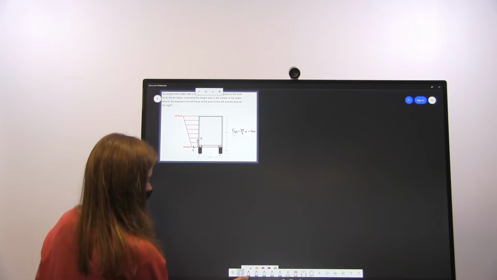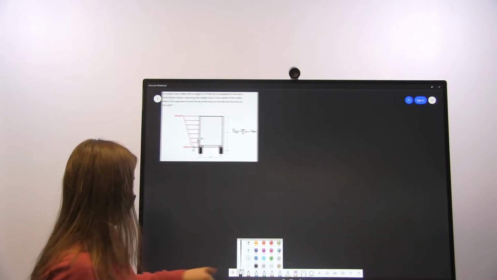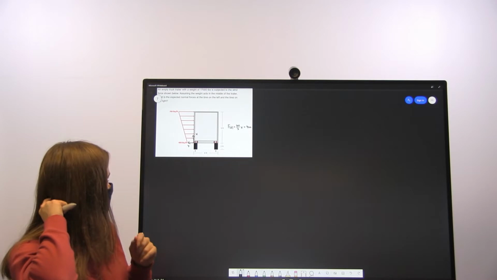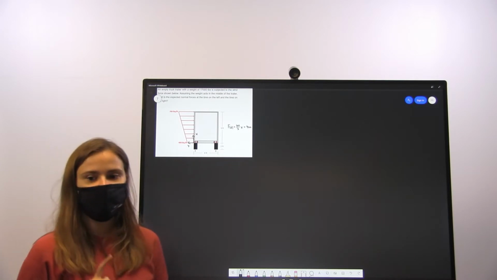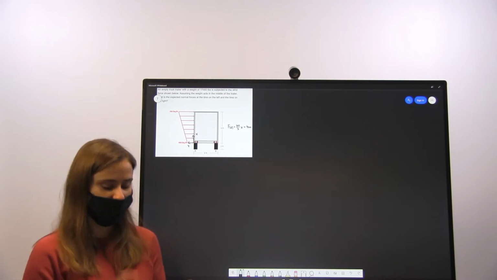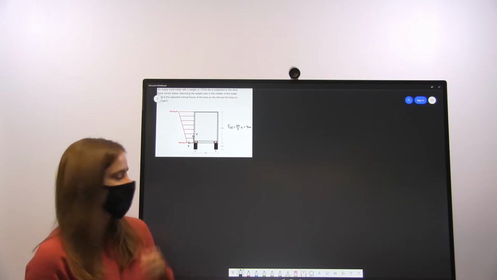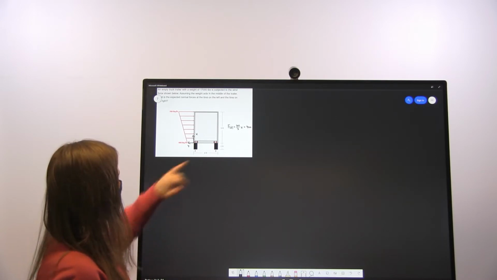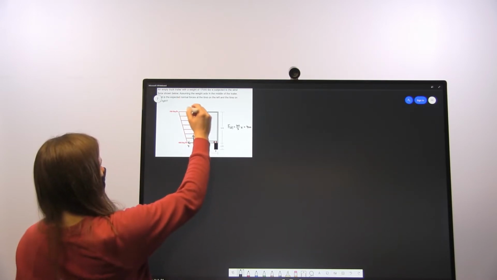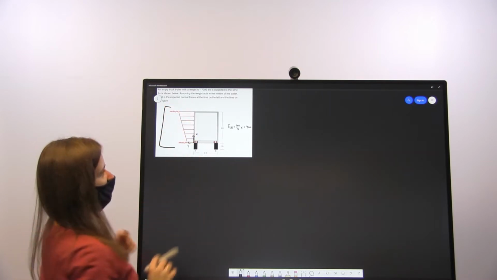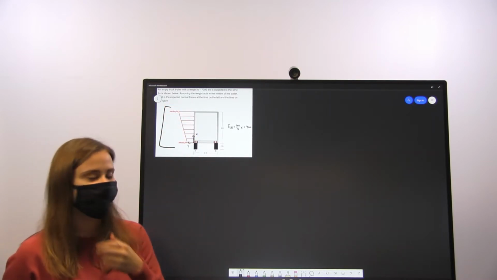So this is like an equivalent point load idea. We're going to want to find the equivalent point force and where it is on the truck. So this is our function here, and this is what we want to find the equation for.